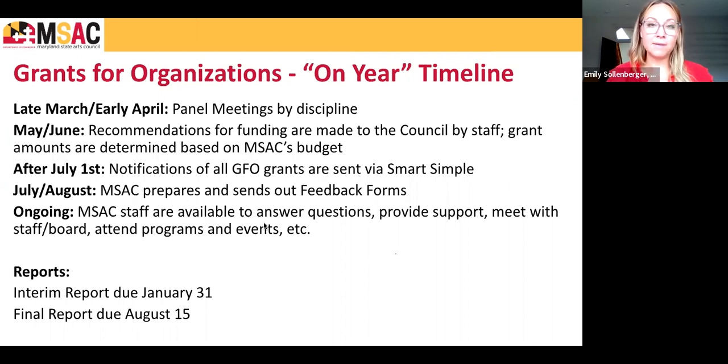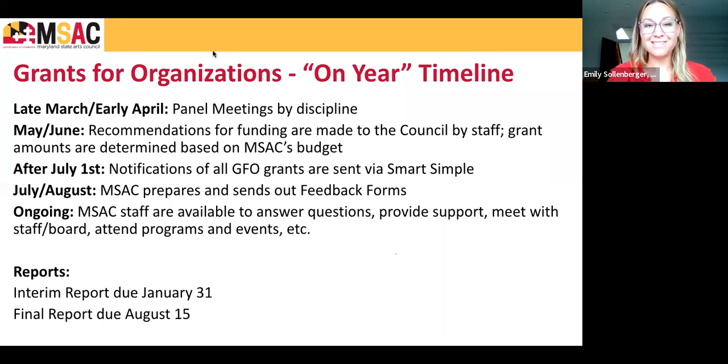Grant amounts are determined based on the State Arts Council budget for the year. Then after July 1st, the start of that new fiscal year, the start of FY24, we will prepare to send notifications to all the GFO grantees through our Smart Simple grant portal.